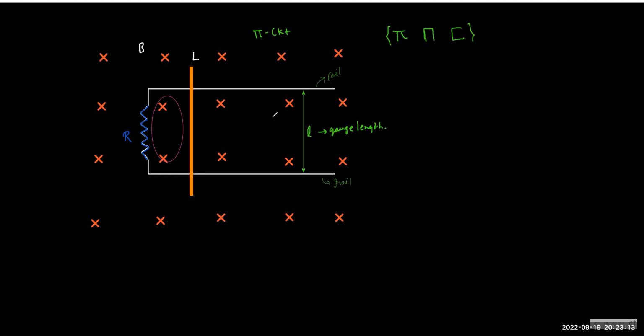So when it comes to the circuit, the length of the rod which is actually put into use is the length of the rod which is part of the loop. Anything beyond is useless, and therefore this L will have no meaning, only this L will have meaning, and that's why we call it gauge length. So we use the word gauge length as the separation between the rails and between the points which are touched by the rod. Is this clear?